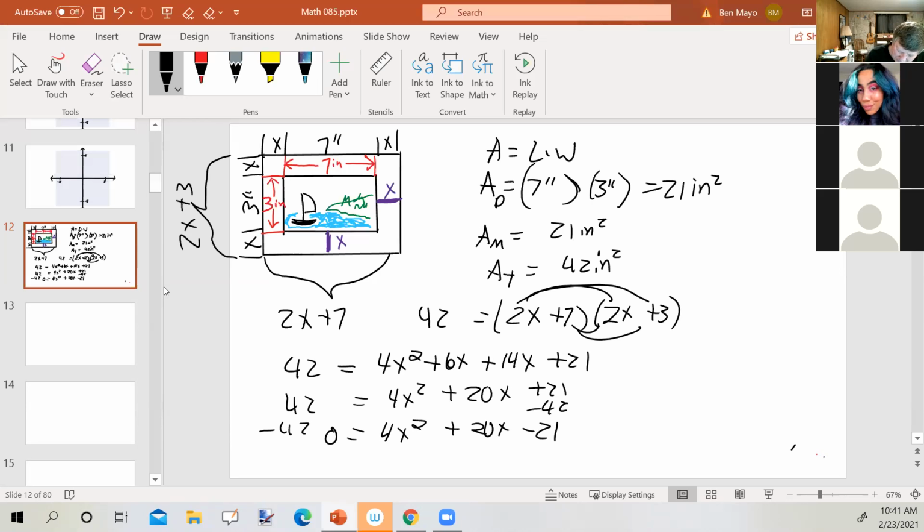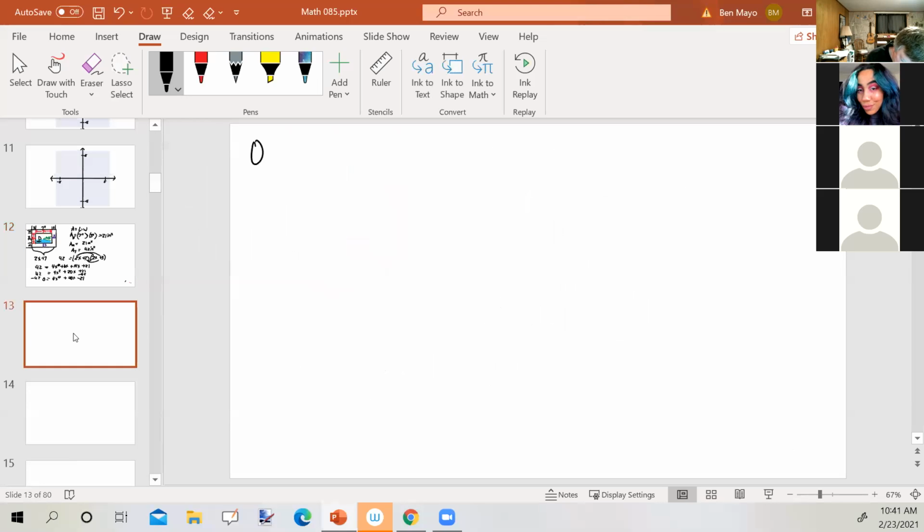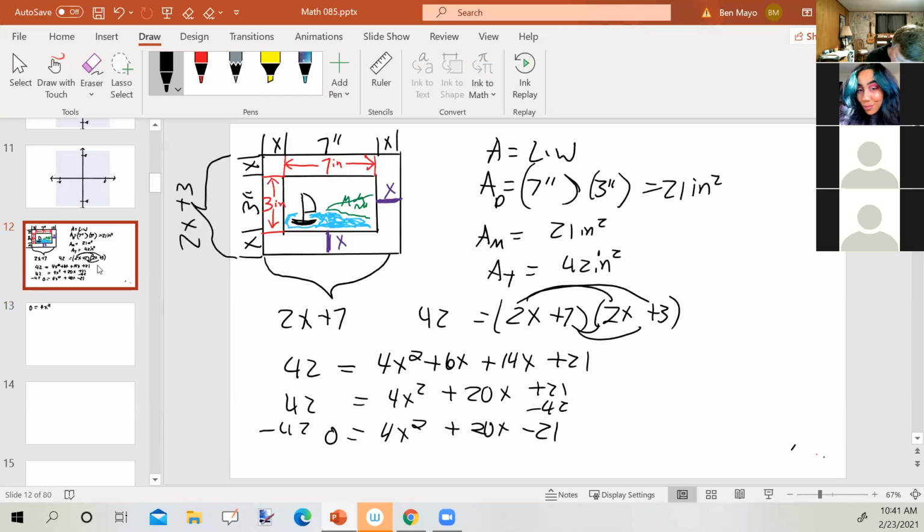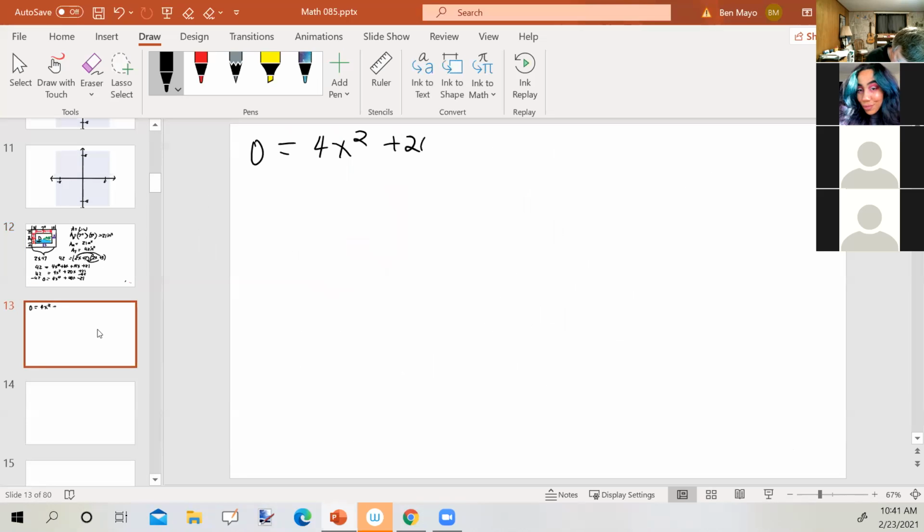So I'm going to recopy that on the next page. Unlike the last one, this one I can't reduce. It doesn't have a common factor I could take out of all terms on the right side. So a is 4, b is 20, and c is negative 21.